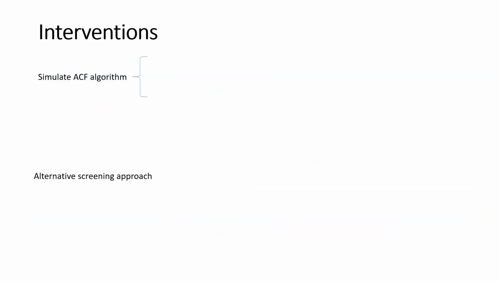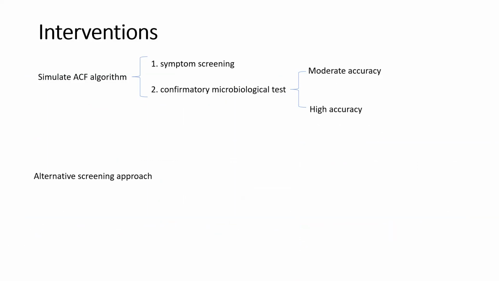The active case finding algorithm consists of symptom screening, as I explained earlier, and a confirmatory microbiological test. This confirmatory test comes in a moderate accuracy and a high accuracy version.